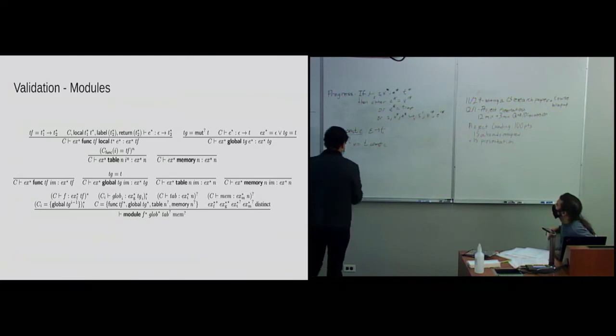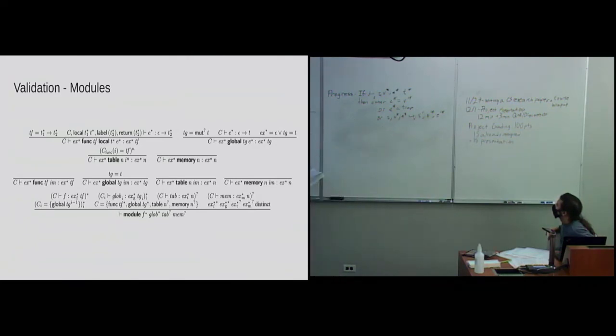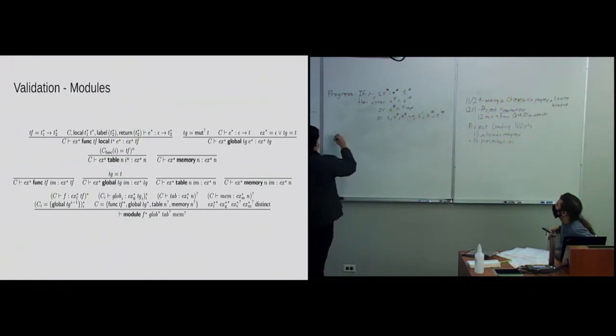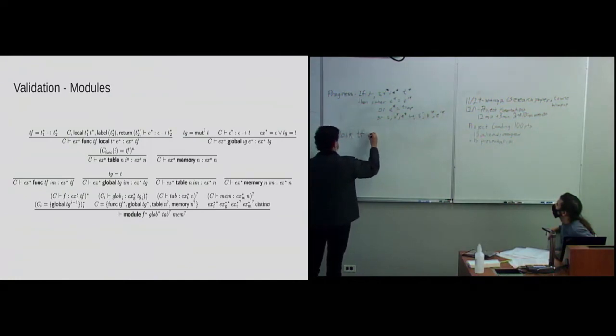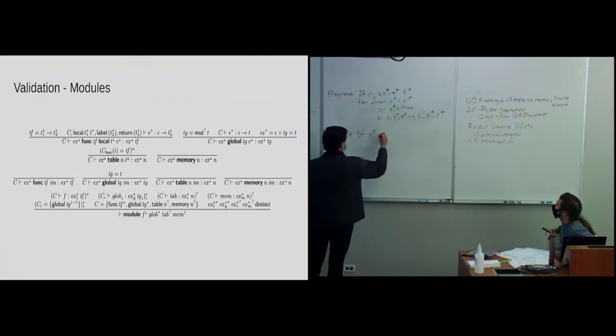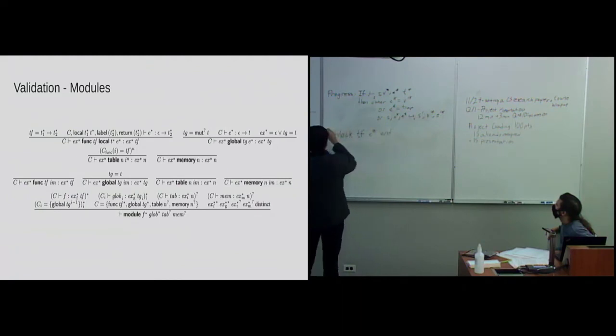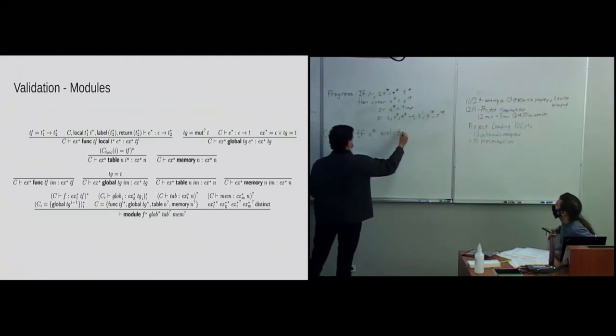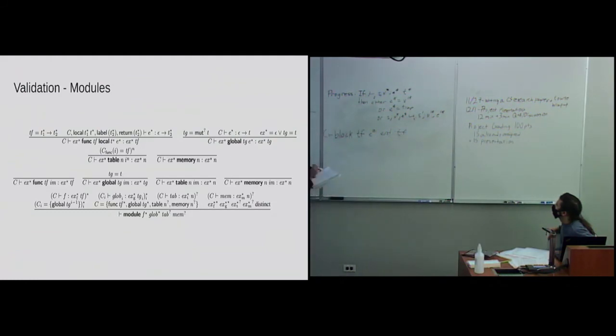A less simple example would be the block rule. Block TF function type E star instructions, and C tells us this has the function type, right?